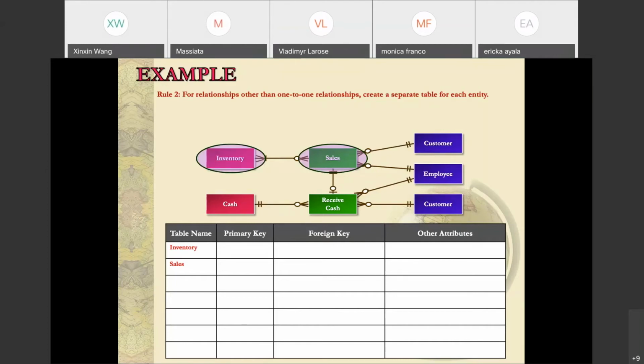First is the inventory table, and then the sales table, the cash table and the receive cash table, customer table, employee table, and cash receipt. Cash received is already listed there. Oh, okay. I guess it's inventory sales.